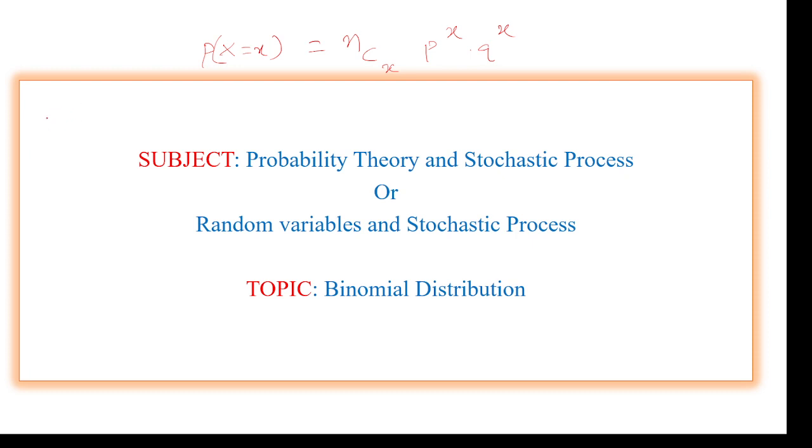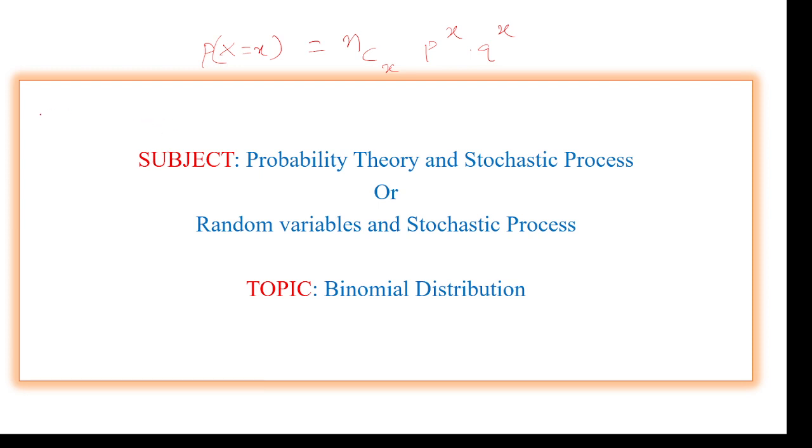If we consider any experiment, it should have only two outcomes and an equal chance, an equal probability, to get each outcome. Then only the binomial distribution can exist and we will get the approximate probabilities.